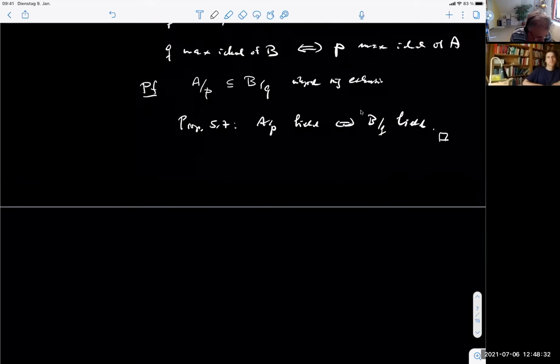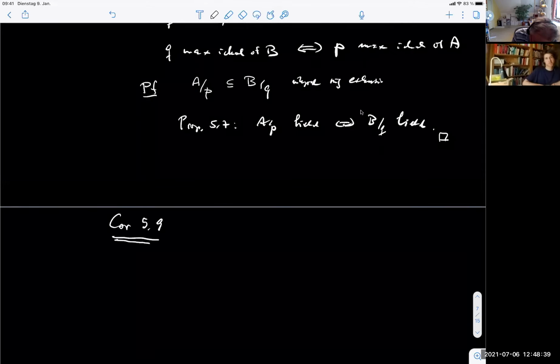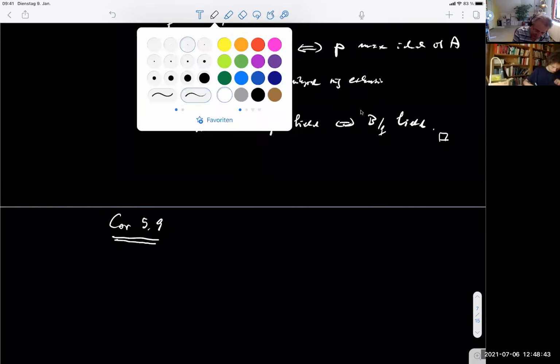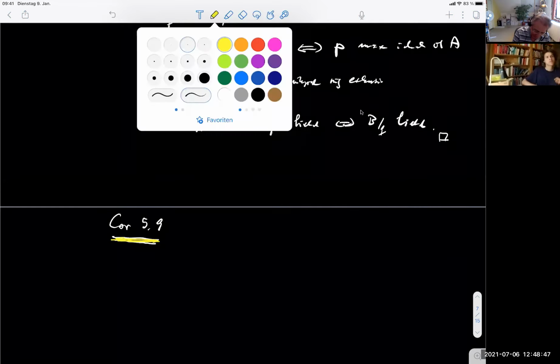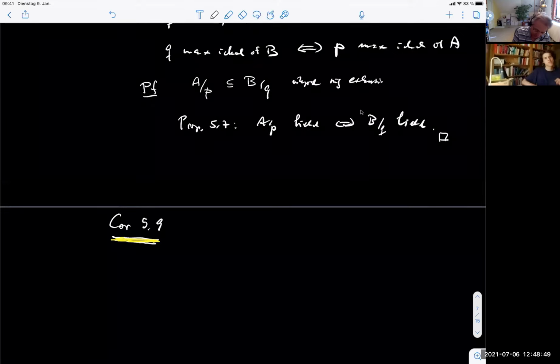So now let's go to the next result. I think that's really nice. This is essentially the essence of this going up theorem. Tell me how I can get prime ideals.